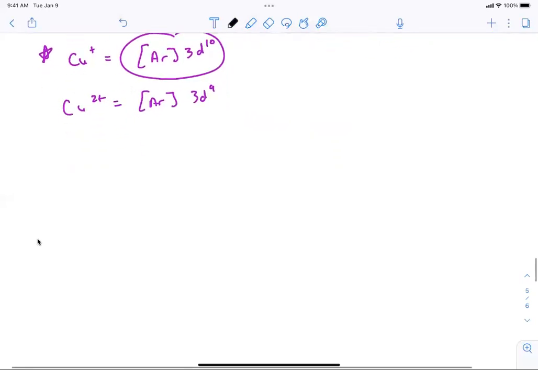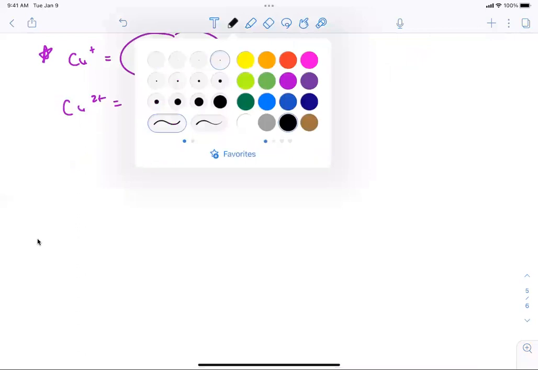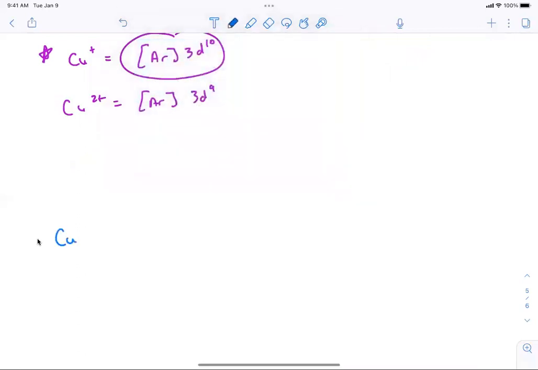Okay, so let's say we have copper, which is 1s2, 2s2, 2p6, 3s2, 3p6, 4s1, 3d10. Drawing the appropriate number of boxes is the first thing to do.